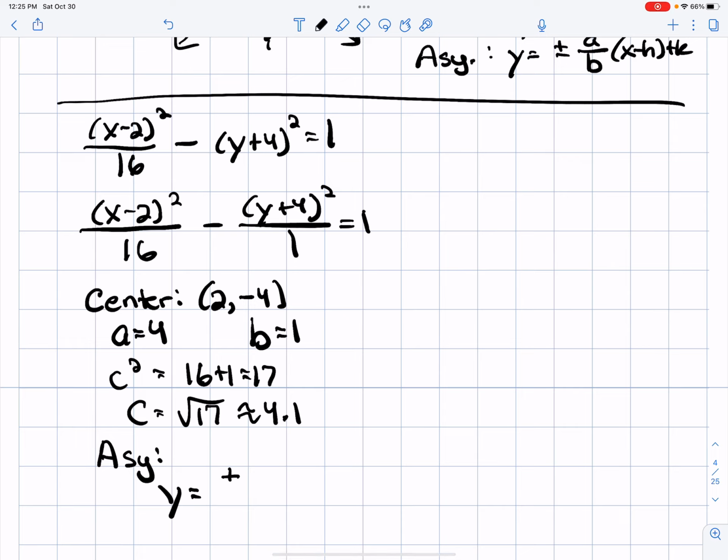So y equals plus or minus 1/4, so plus or minus b over a, 1/4, then x minus 2, in parentheses, and then minus 4. Because it's normally x minus h plus k. So the x coordinate has the opposite sign, y coordinate has the same sign. All right. Let's figure this out now.